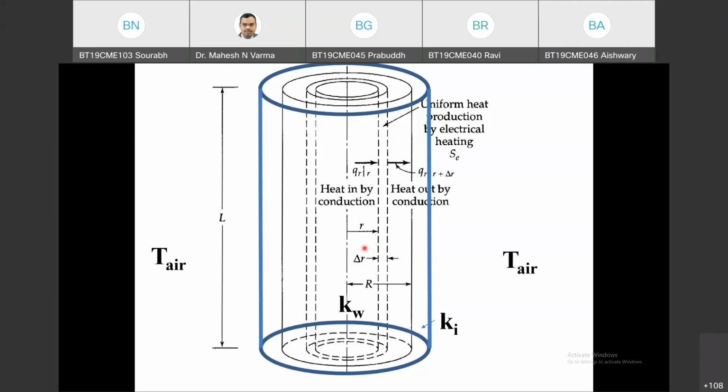Everybody can solve this problem. Please get the idea of how to solve the problem. Anybody has any confusion? Yeah, roll number 48, Hansraj.